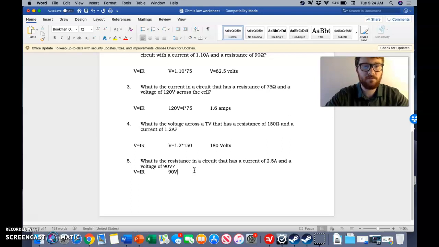The 90 volts equals 2.5 amps multiplied by the resistance. 90 divided by 2.5. It's 36. 36, and we're measuring ohms.